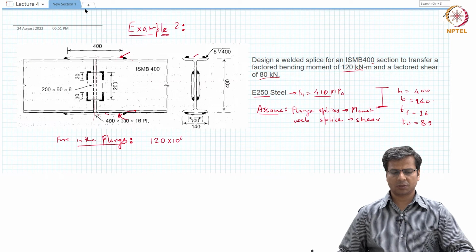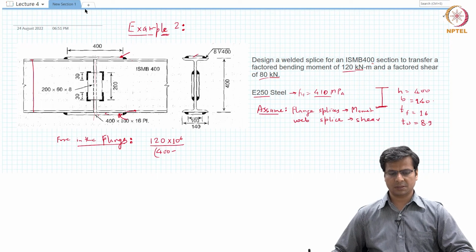So 120 kilonewton meter is the moment. Converting that to Newton millimeters, we will multiply with 10 to the power 6. This is the moment divided by the lever arm, and for the lever arm we will take the distance from the center of the flange to the center of the flange. As we know, total depth of the section is 400 millimeters, but one flange thickness is 16 millimeters.